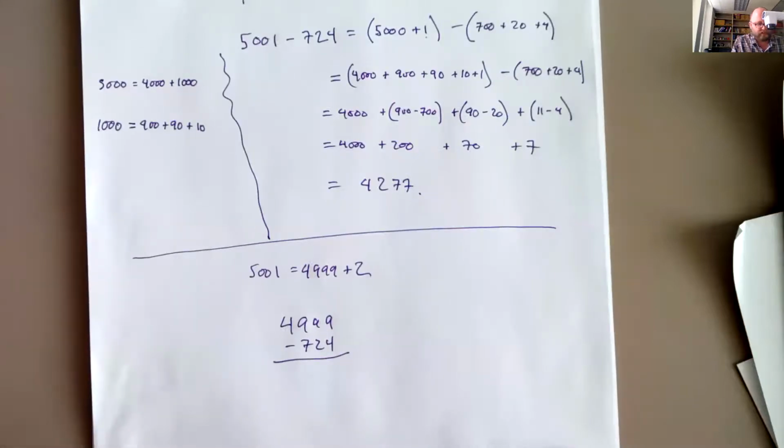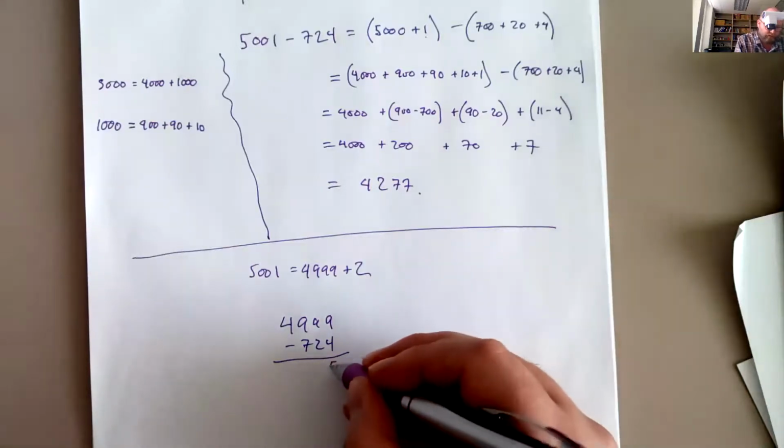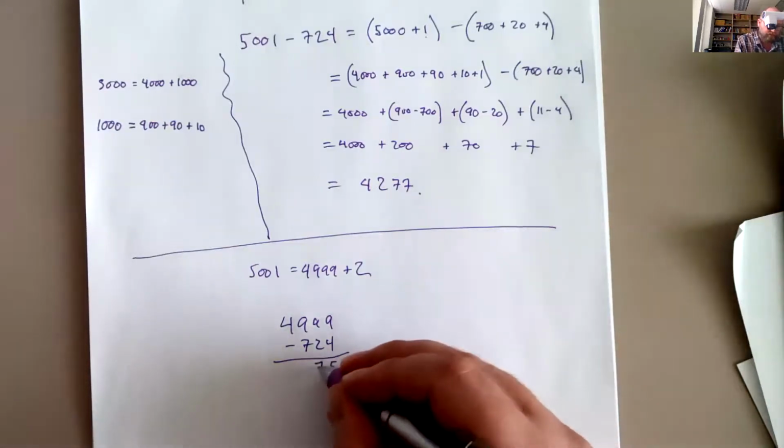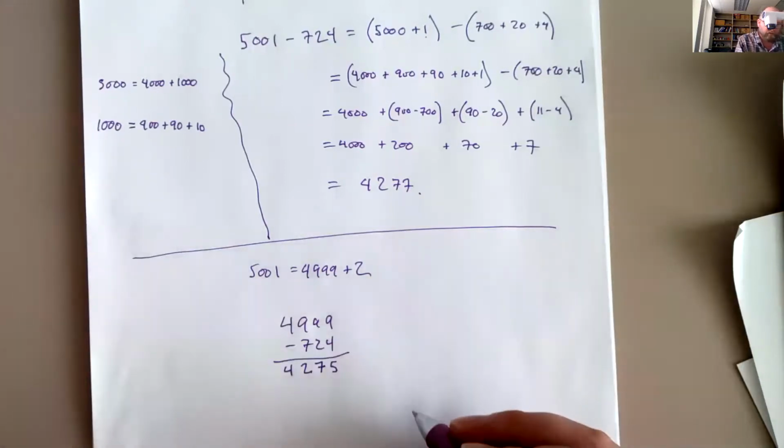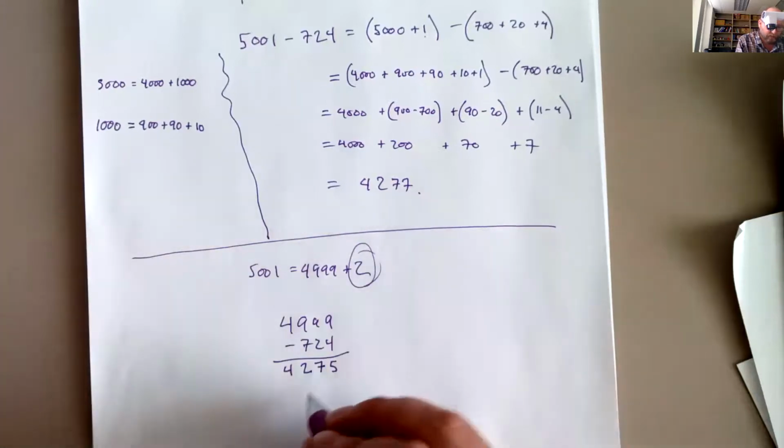Okay, and then because all these digits are 9, we don't have to do any borrowing. This is 5, this is 7, this is 2, this is 4, and now we just need to add the 2 back.